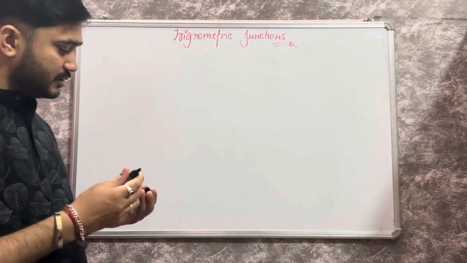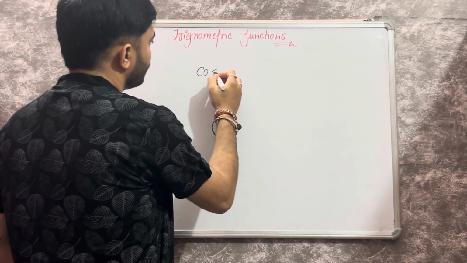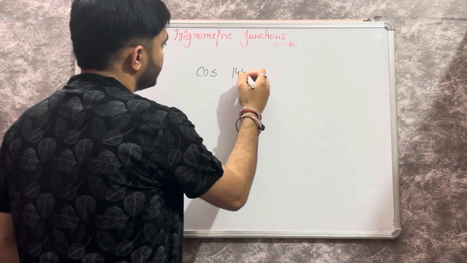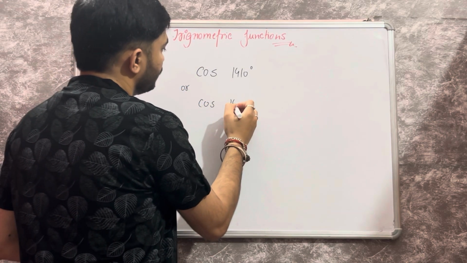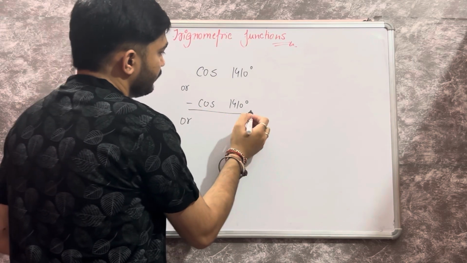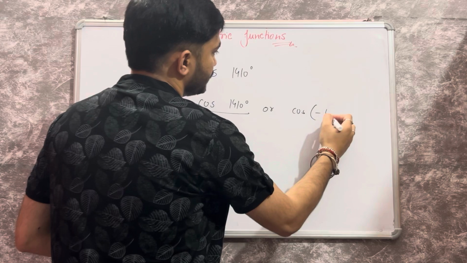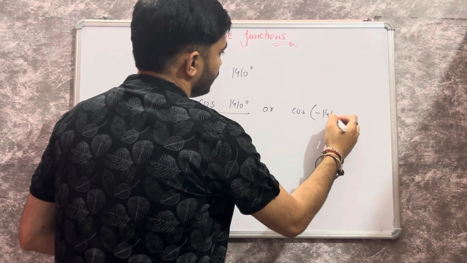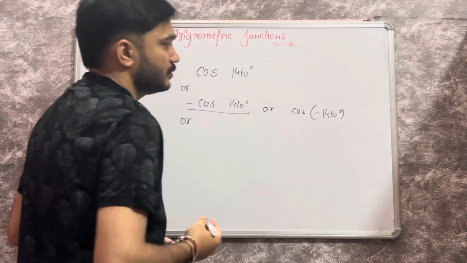Now, in the previous class we have already discussed how to find the value of cos 1410 degrees, or in the same way we can represent this as cos minus 1410 degrees as well.